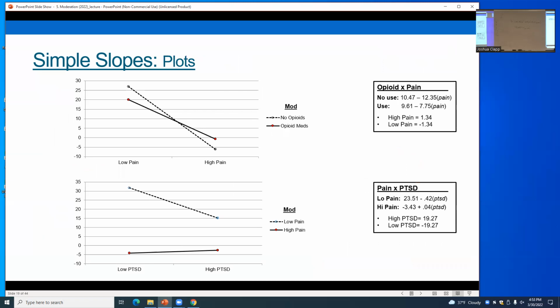So if we go through and plot our simple slopes here, here's our simple slope effect for opiate use and pain. Here's my equation for no use, high pain, low pain. What we just do in Excel is go through and plot this out. And, Matt, I haven't picked on you for a while.